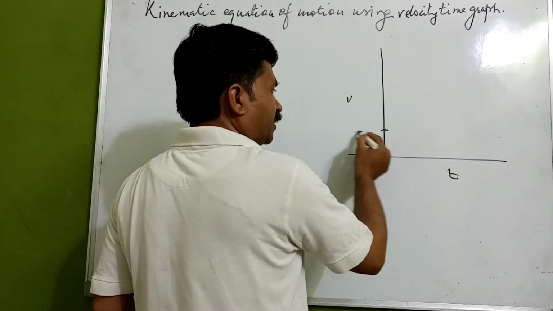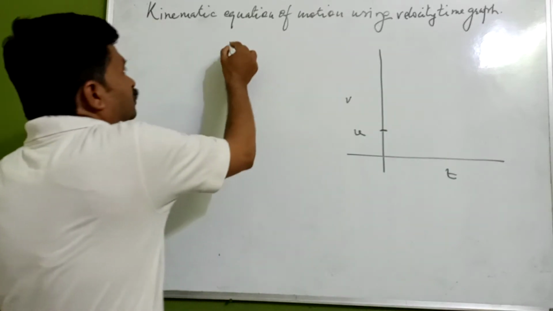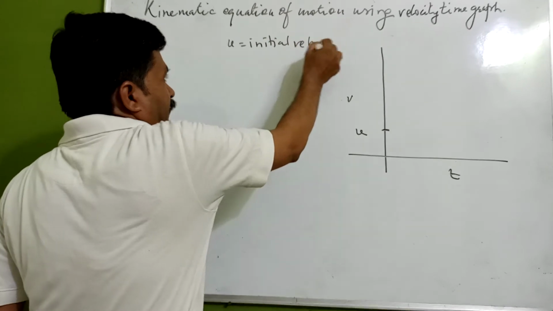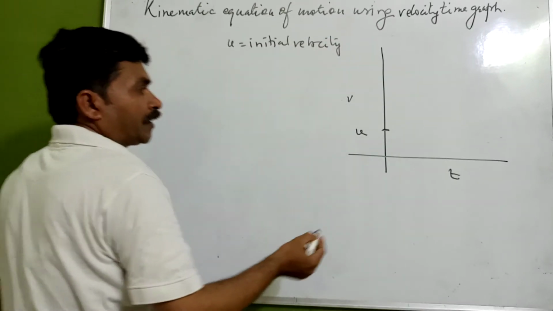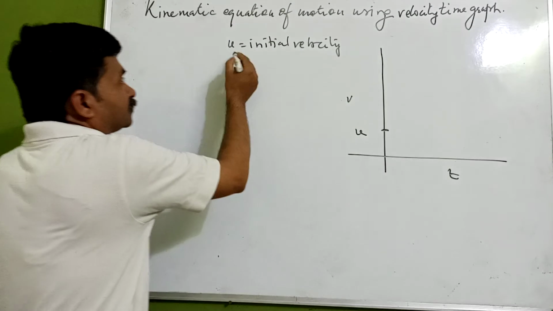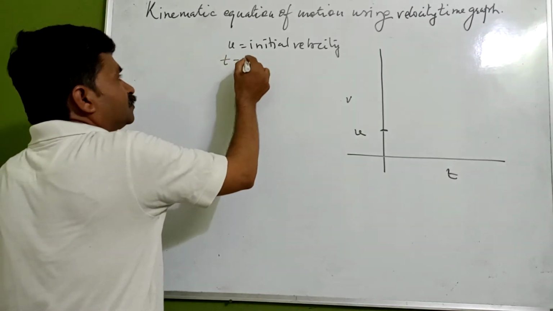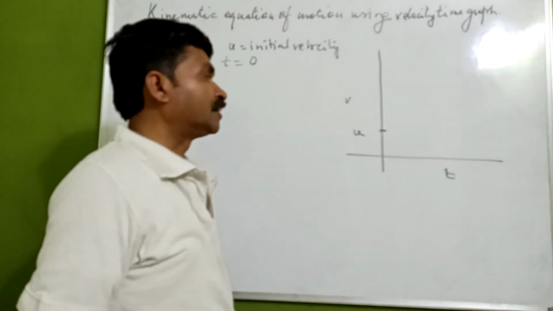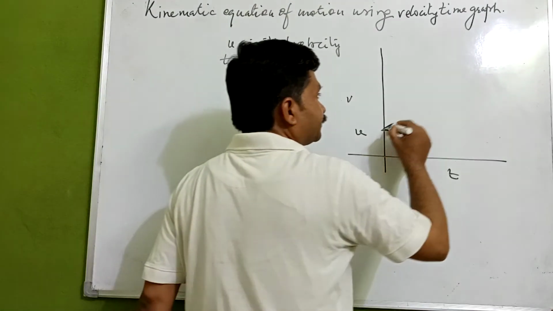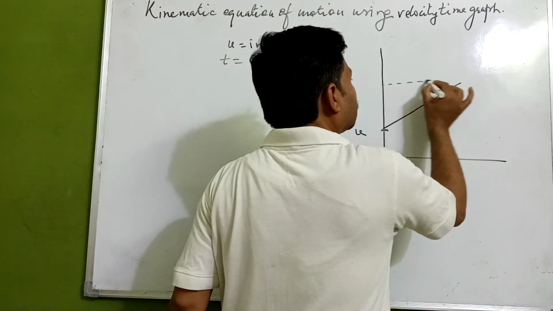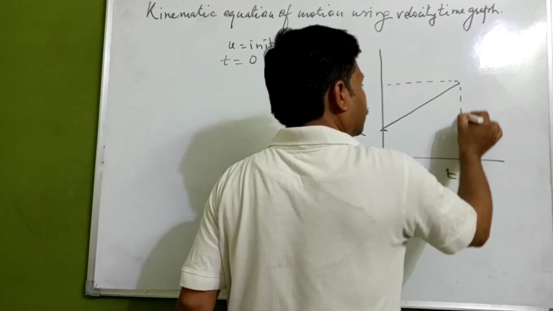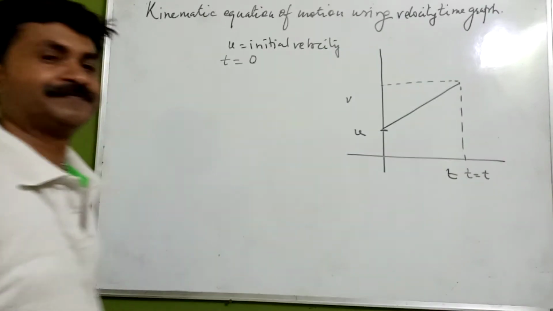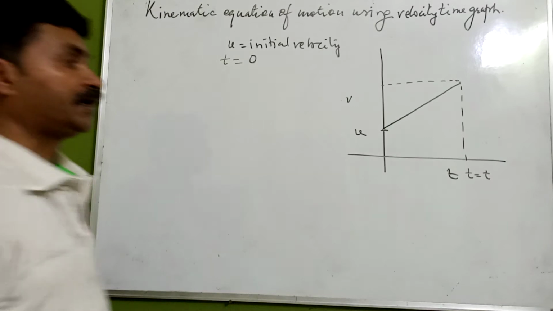Here we assume u is the initial velocity at time t equal to 0, and the object moves to a final velocity v at time t equal to t.